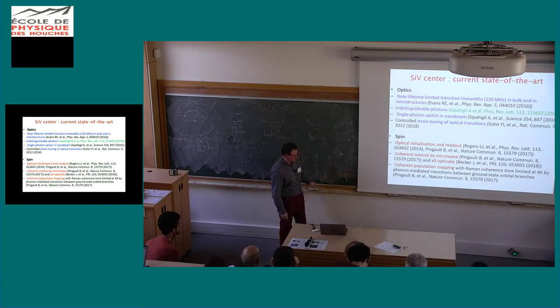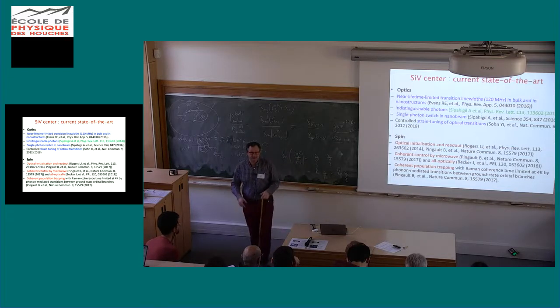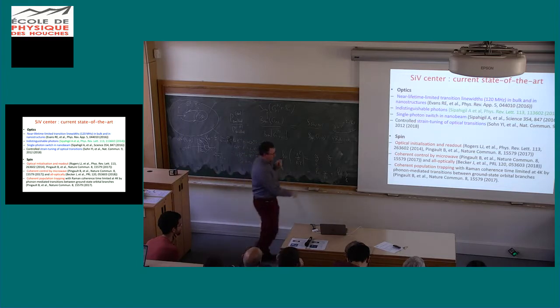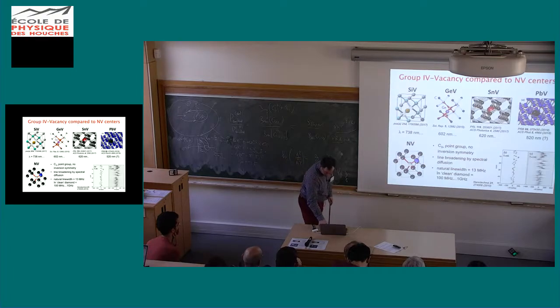And this is perhaps the most interesting part, especially if you think about using these silicon vacancy centers as a possible quantum memory based on coherent population trapping and EIT.